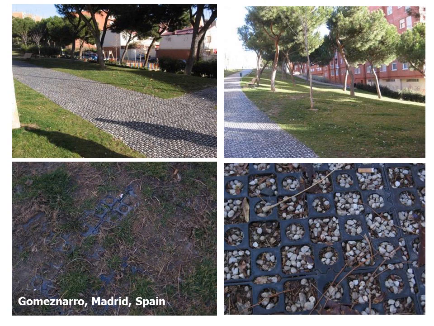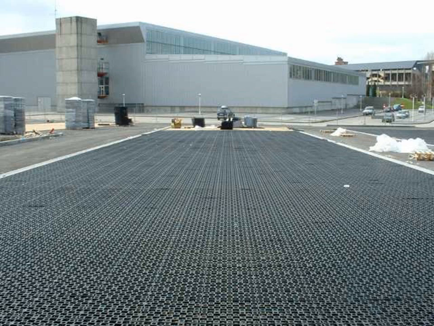Another example, from Gomeznarro in Madrid, Spain, is the drainage of a path avoiding the flow crashing into a building. This construction also stored a huge volume of water for the later infiltration in the aquifer.